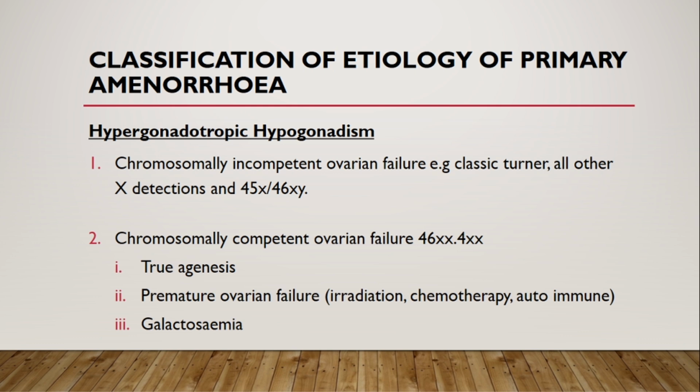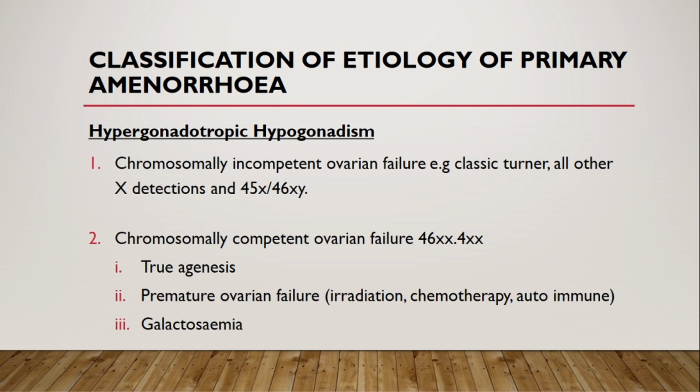Those that have abnormal chromosome, or chromosomally incompetent ovarian failure. And we said the normal chromosome is 46XX. But in those that have hypergonadotropic hypogonadism, the chromosome of the ovaries is incompetent.